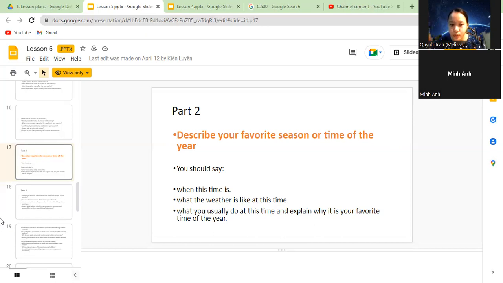You don't need to wear a raincoat or suffer from extreme weather like in winter, or experience the piercing cold or anything else. You add some information there.